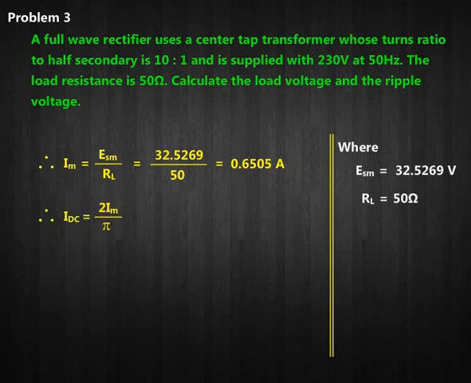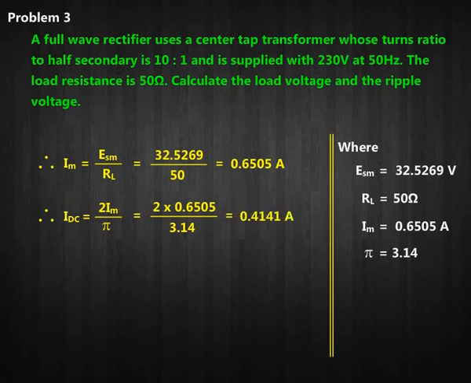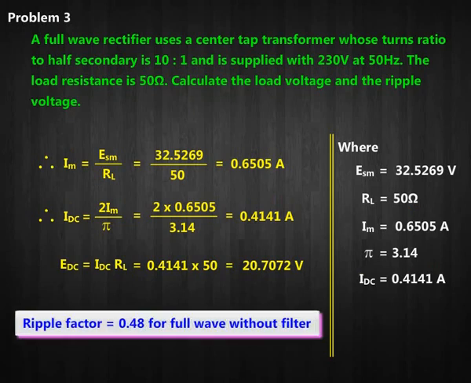Therefore, IDC is equal to 2 IM by pi, which is equal to 2 into 0.6505 by 3.14, which is equal to 0.4141 amps, and EDC is equal to IDC RL is equal to 0.4141 into 50, which is equal to 20.7072 volts. Ripple factor is equal to 0.48 for full wave without filter.